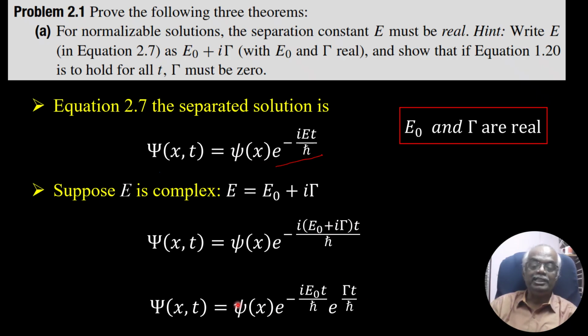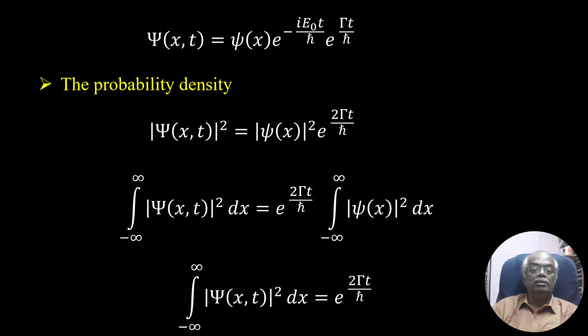Now we will see whether it is normalizable or not. Now we got this wave function. Let us find the probability density, that is psi star psi, that is modulus psi squared. If you take modulus psi squared, you have a complex number e power minus i E naught t over h cross.